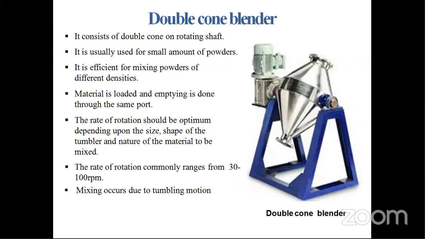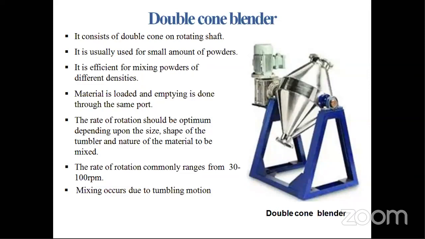The total mixing vessel is connected with a shaft, which is connected with a motor, and the motor helps rotate the blender in anticlockwise or clockwise manner. Here there are two points, and at any point you can discharge the materials or input the materials into the mixing vessel.